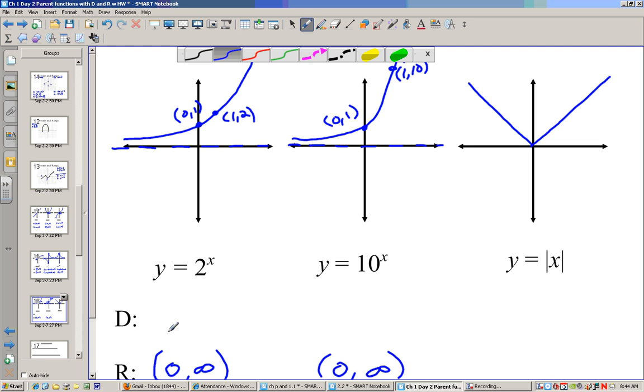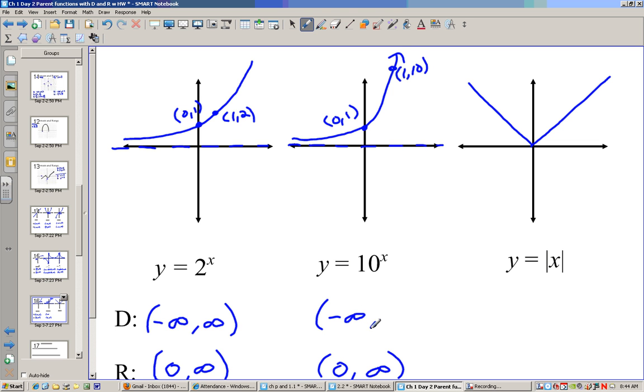The domain goes from negative infinity to infinity for both of them. Absolute value of x, the domain is again from negative infinity to infinity, but it starts at 0 and goes up. So that includes 0 and then goes towards infinity.